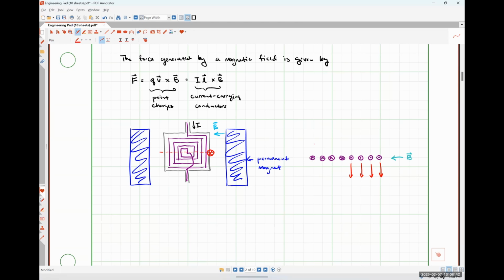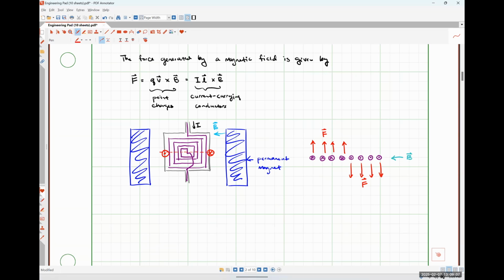And we would have a force acting in the up direction on this side of the mirror array. And that would then generate a torque on those torsional springs and cause the mirror to deflect either to the left or the right, depending on.